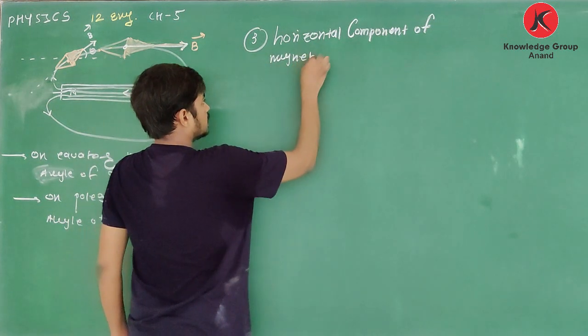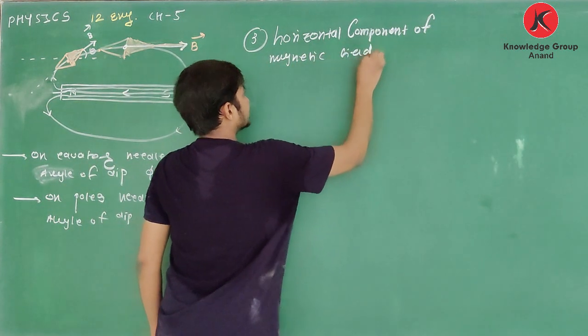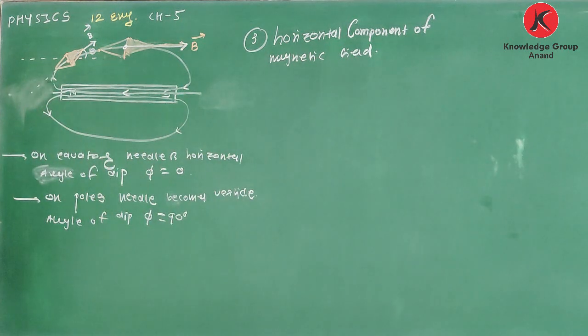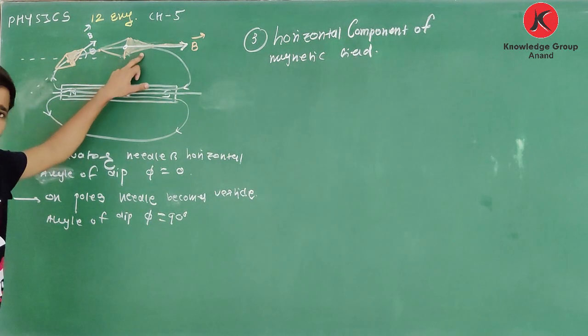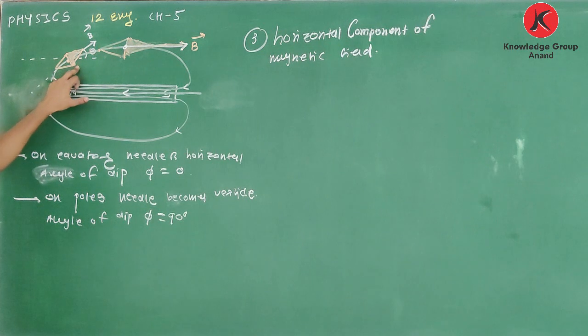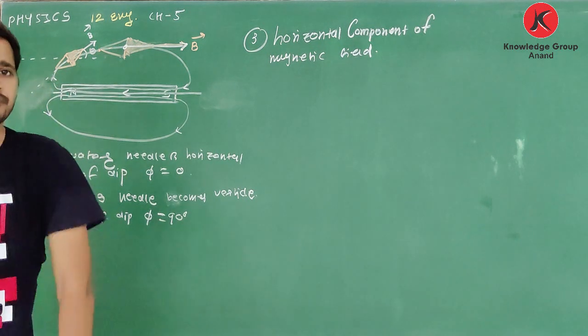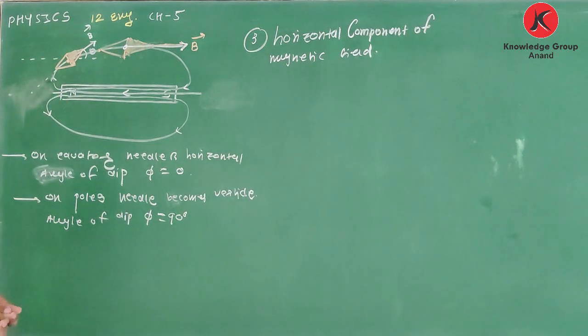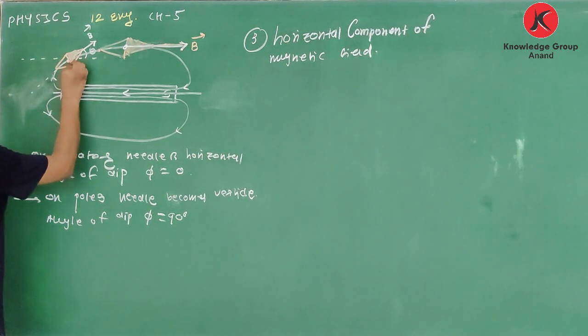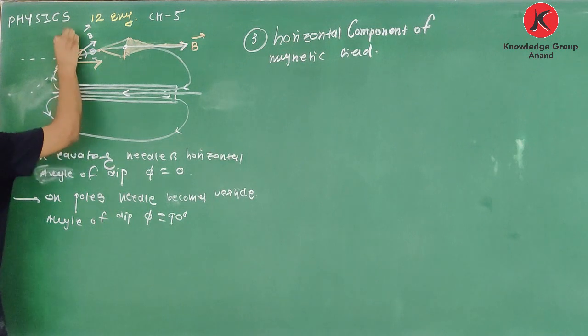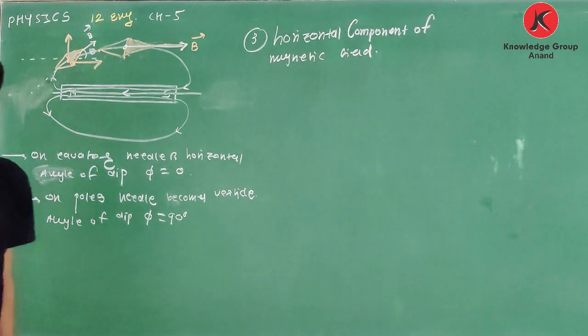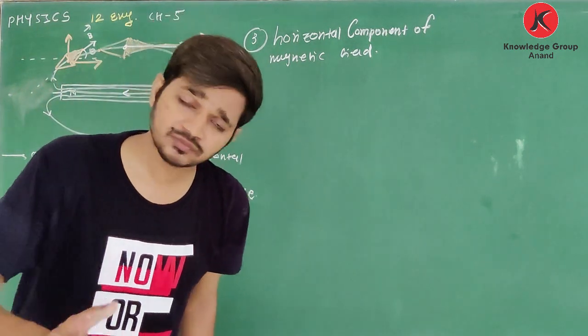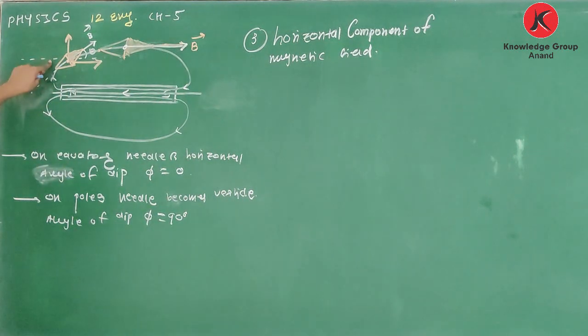Give me one answer. Is this magnetic field in the horizontal direction? No. This magnetic field is not in the horizontal direction. So we have to resolve this magnetic field into two components, one in the horizontal direction and one in the vertical direction. Yes or no? Yes, it is for a bar magnet.